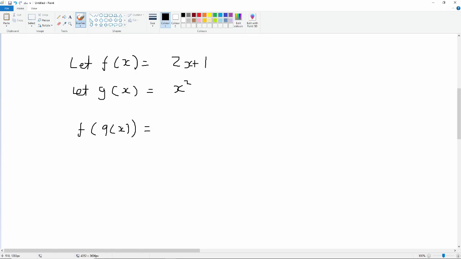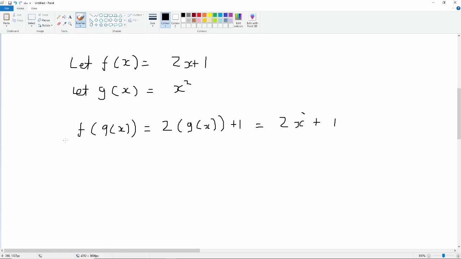So we write out our function f of x, which is 2x plus 1, but instead of writing x, we write whatever's in the brackets, which in this case is g of x. And we know what g of x is equal to. It's equal to x squared. So that's 2x squared plus 1.